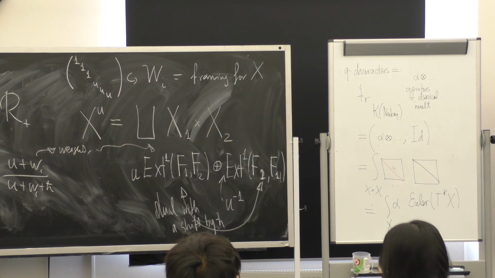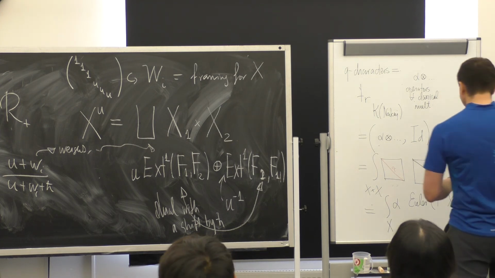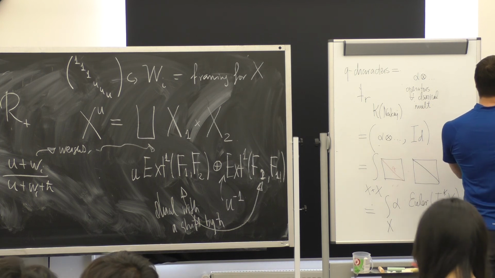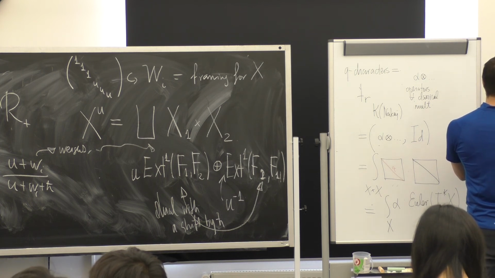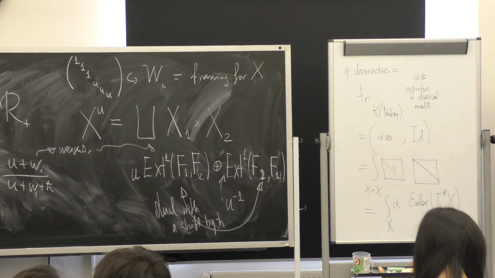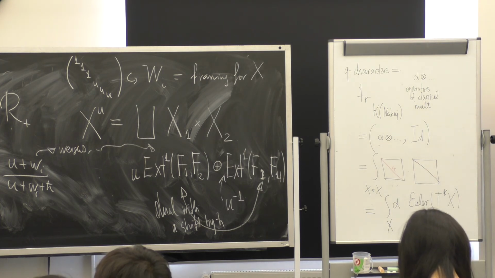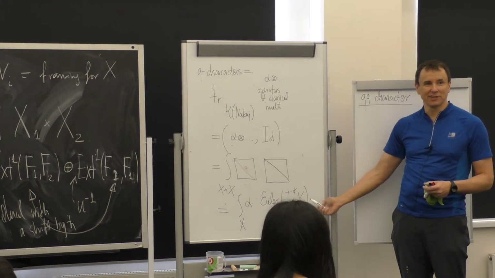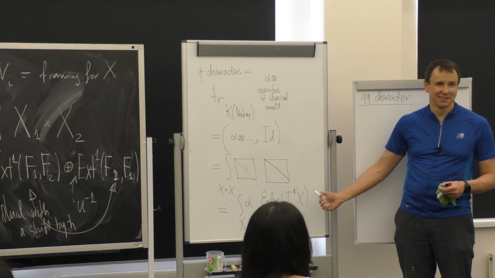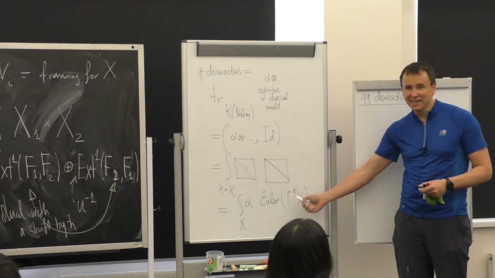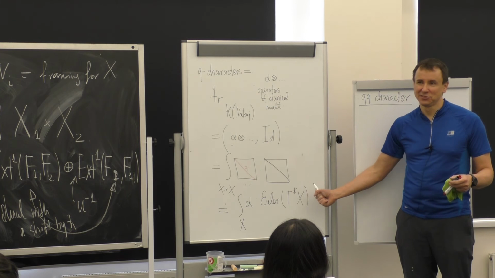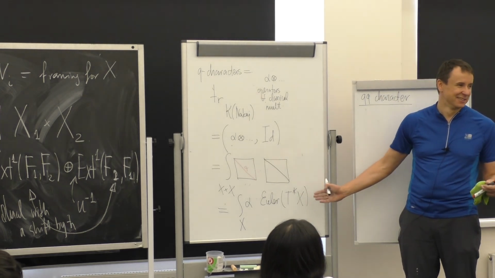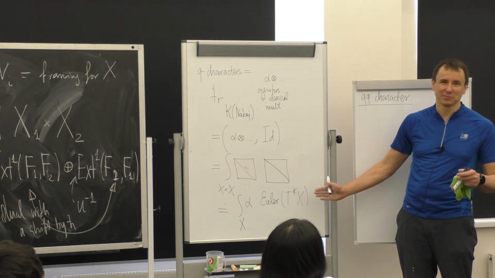Okay? And so now the QQ character. Anytime you see something inside the Euler class by itself without any variables, you should feel, yeah, this can't be right. That makes sense?